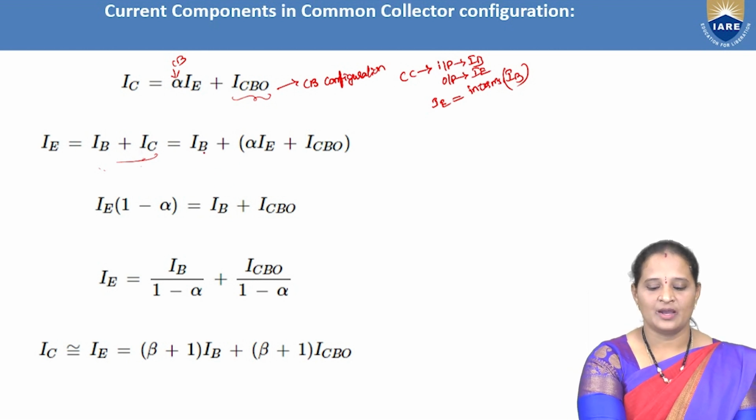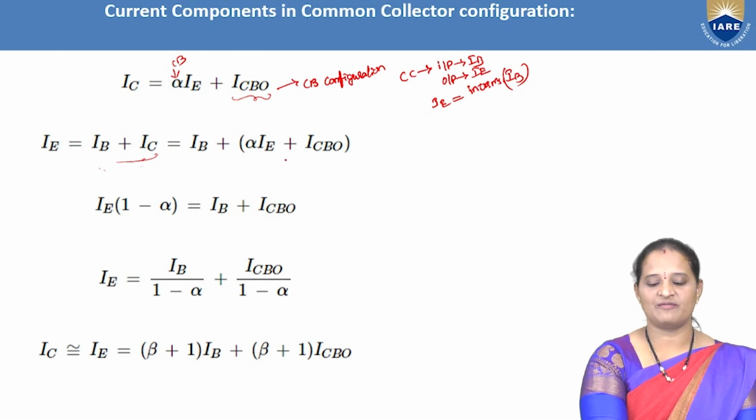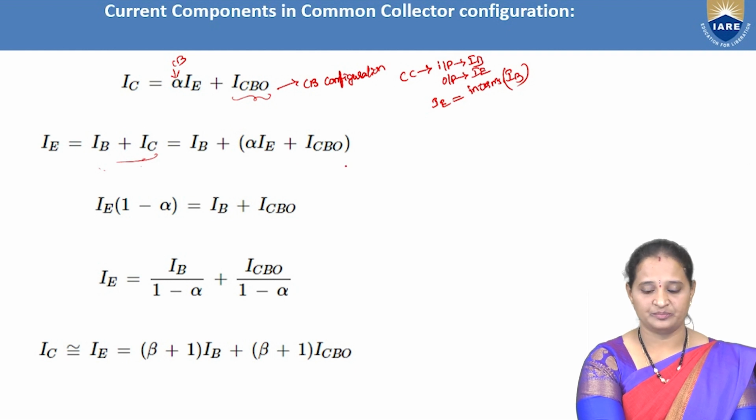For that, in place of IC, we substitute alpha IE + ICBO.